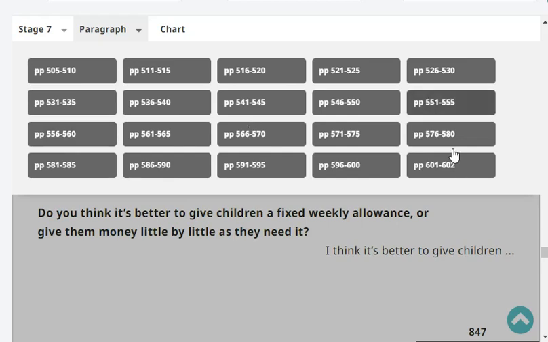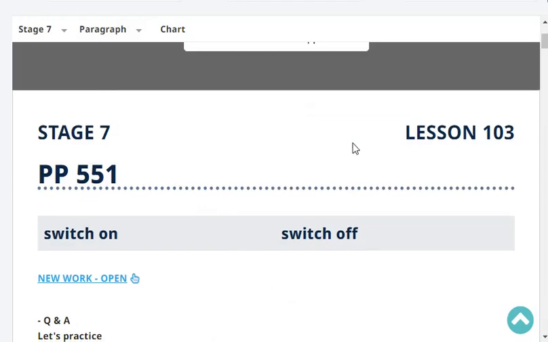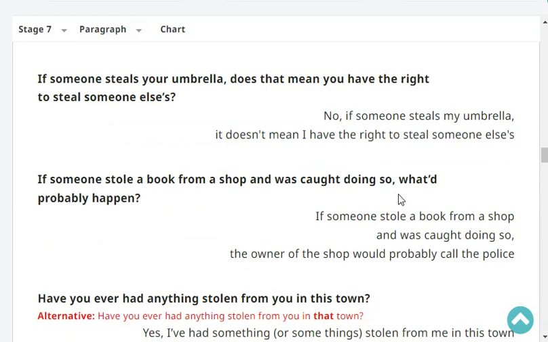If someone steals your umbrella, does that mean you have the right to steal someone else's?